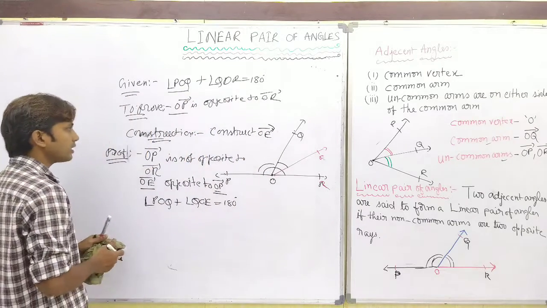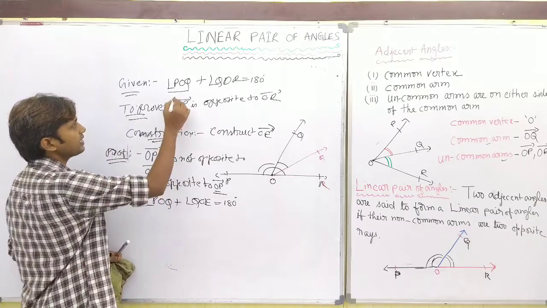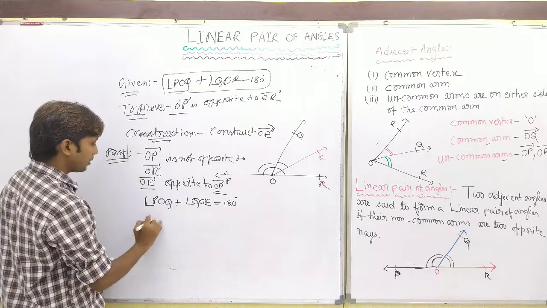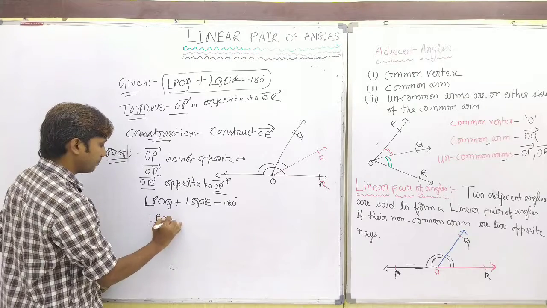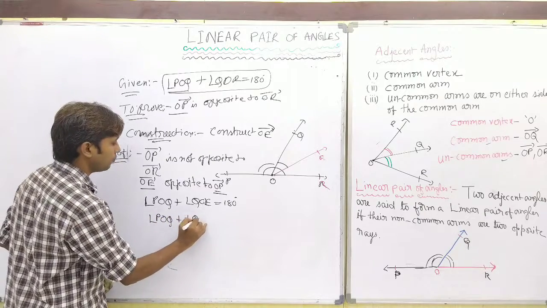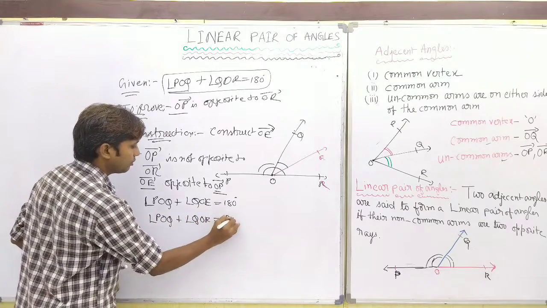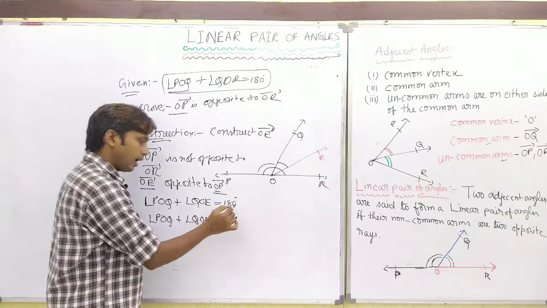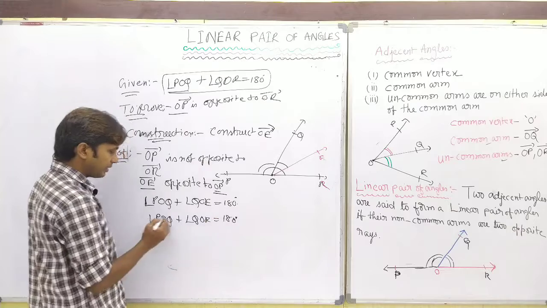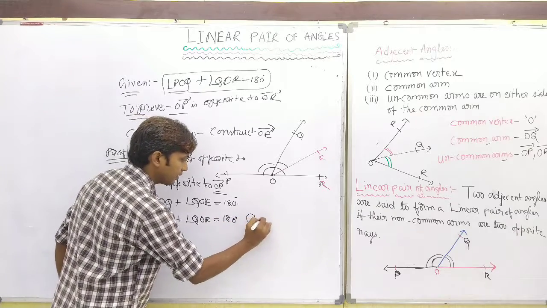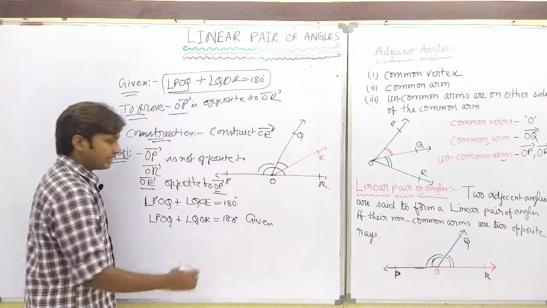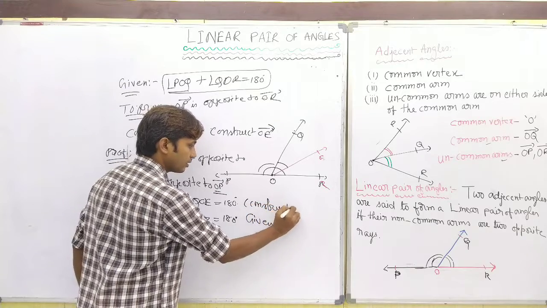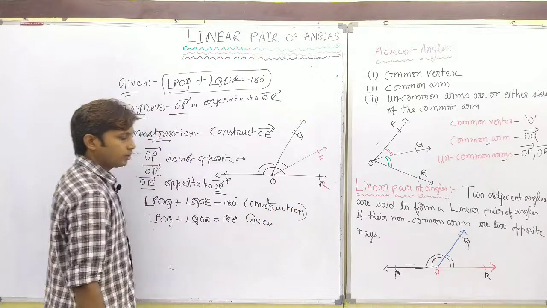Now the second one. But actually, from what is the given data? We had given that angle POQ plus angle QOR equal to 180 degrees. That means the RHS, this is the given result. I mean this is given. The first one is according to the construction.